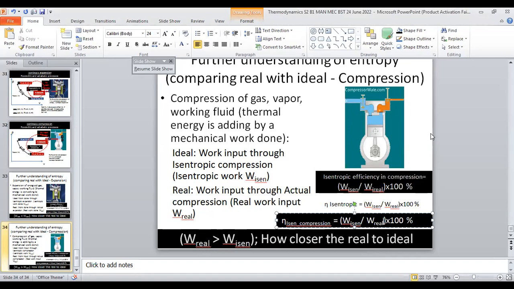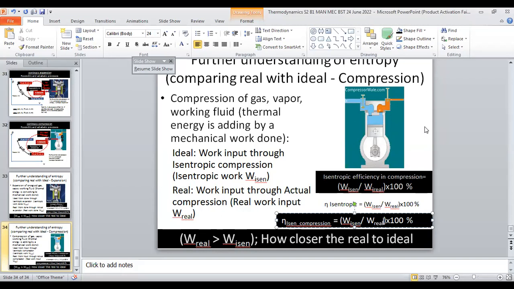In compression, in expansions. Compression may be refrigerant compression or air compression. Expansion may be an engine, turbine, gas turbines, steam turbines, gas-powered engines, and vapor-powered engines.